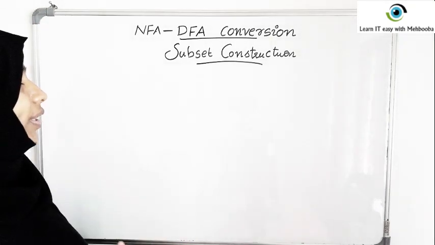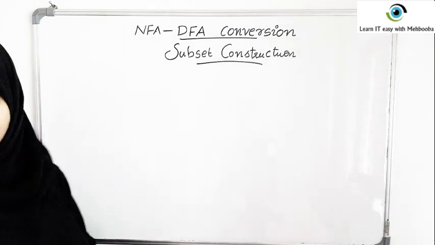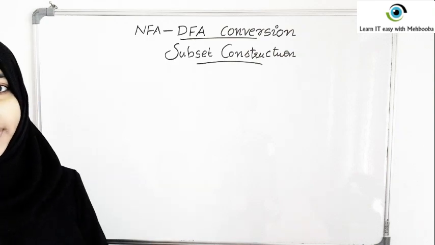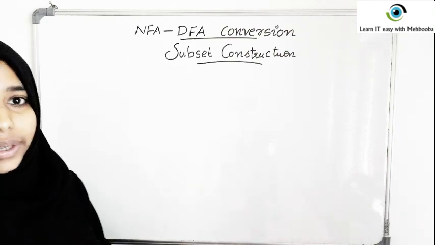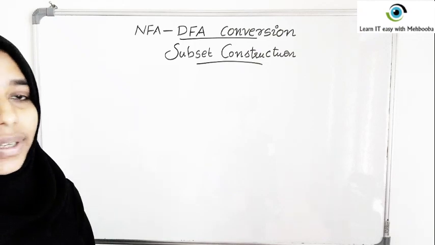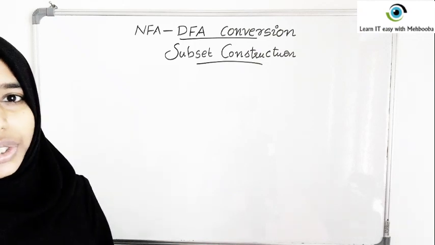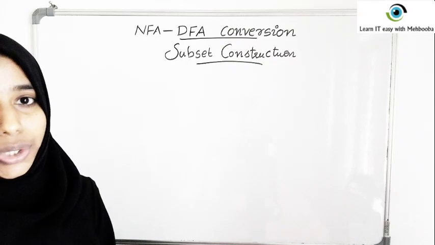In this video, we will see how we can convert an NFA into a DFA, that is, a non-deterministic finite automata into a deterministic finite automata. The relevance of this conversion is that NFAs are very easy to draw.